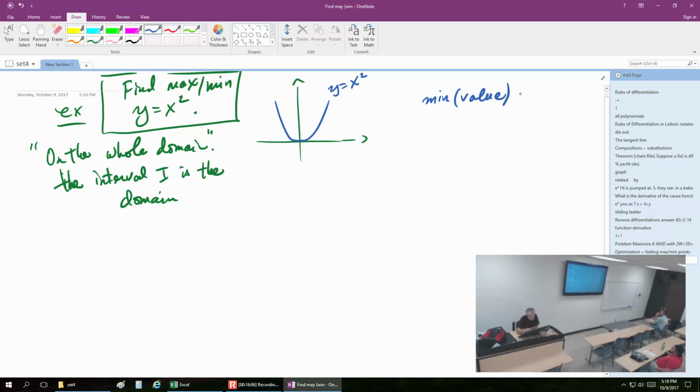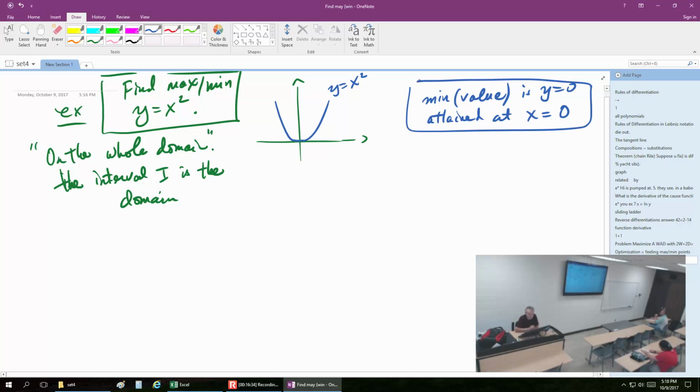Sometimes it is okay to omit it, but be aware of potential ambiguity. So the minimum value is 0, and the second part of the question is where it is attained: at x equals 0. So the minimum value is y equals 0, attained at x equals 0.